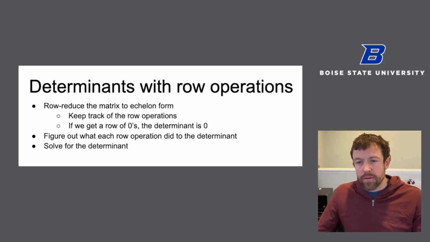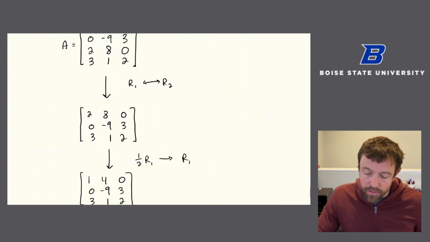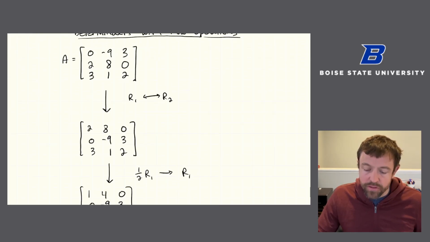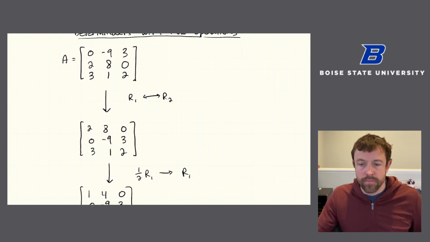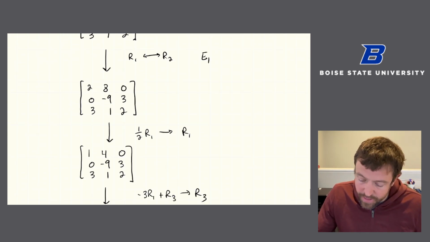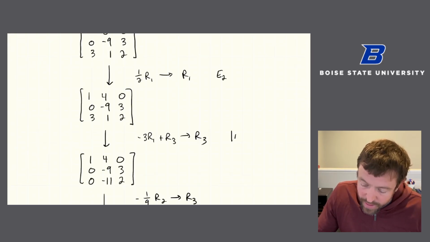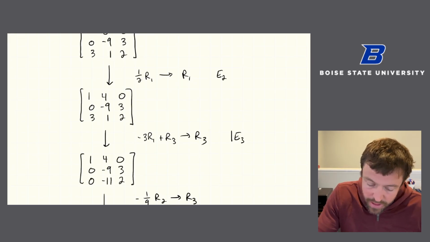Now I have to figure out what each row operation did to the determinant. What do I mean by that? Well, each of these row operations has a corresponding elementary matrix. So I'm going to say that this row operation corresponds to the elementary matrix E1, this one corresponds to E2, and this one corresponds to E3.